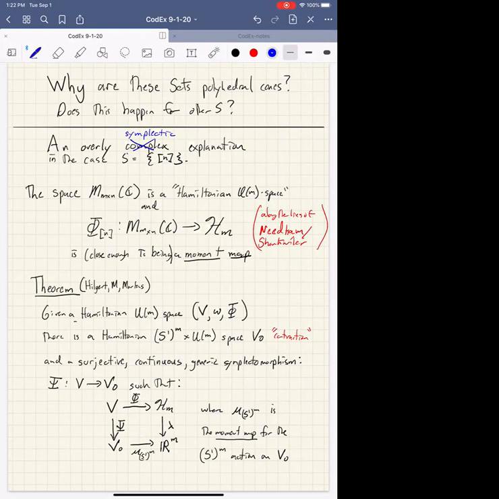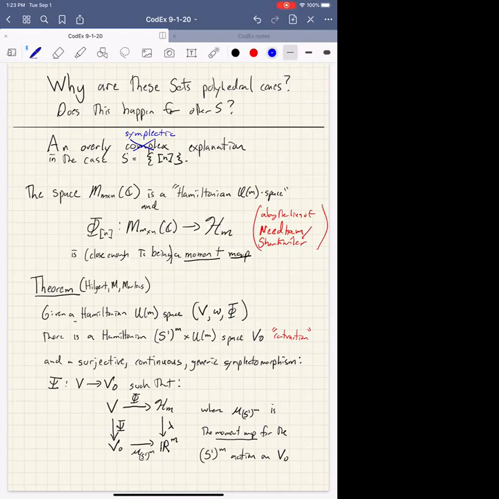So the space of M by N matrices is really nice. I think we all agree on that. From a symplectic geometer's point of view, it is a Hamiltonian UM space. So UM is the set of M by M unitary matrices. That's a nice compact Lie group, as I said.